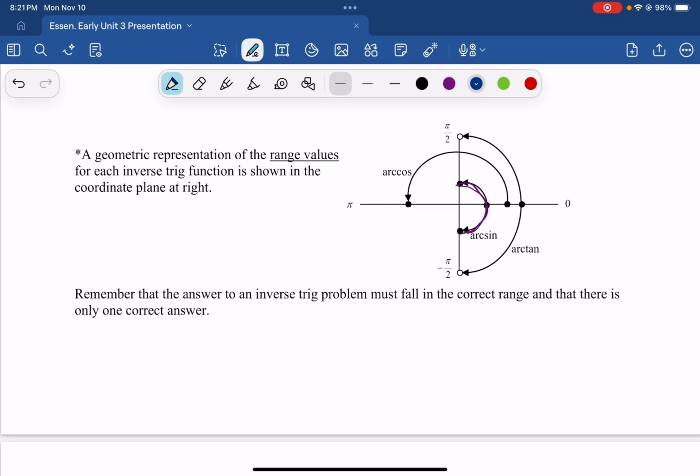Arc cosine goes between 0 and pi. And tangent is between negative pi halves and positive pi halves. It says, remember that the answer to an inverse trig problem must fall in the correct range and that there is only one correct answer. We'll see some examples.